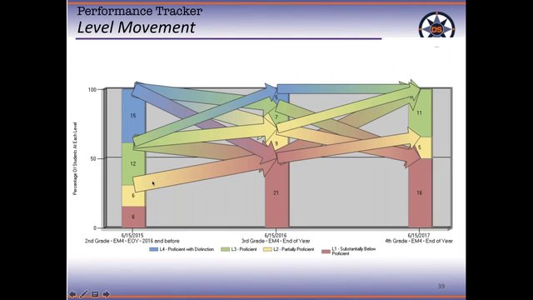So I can get a visual of how many students, which students. I've got 6 students who were here, went up to here, 15 were here, and some went down. So it's kind of a crazy report. I don't use it that much. I just like to get a look at it and get a feeling of, is everybody moving up, or is everybody kind of staying the same, or are they just all over the place?